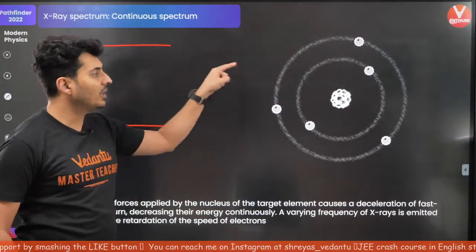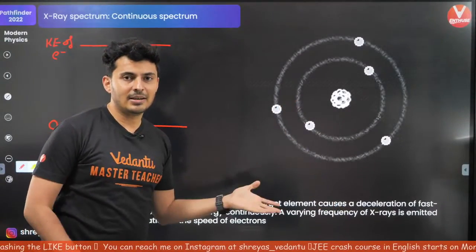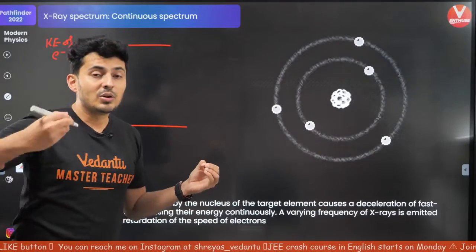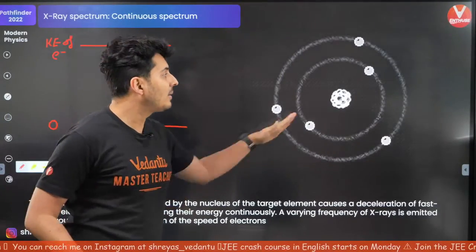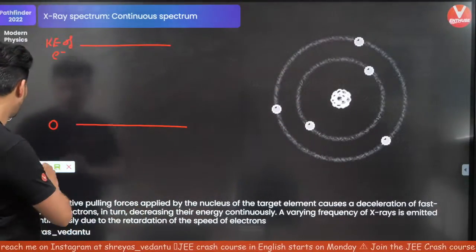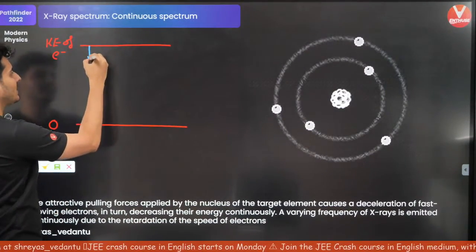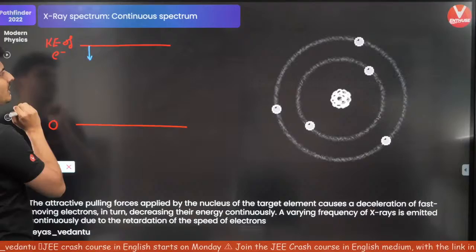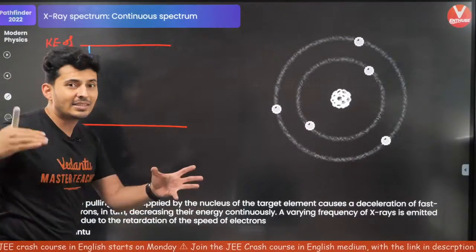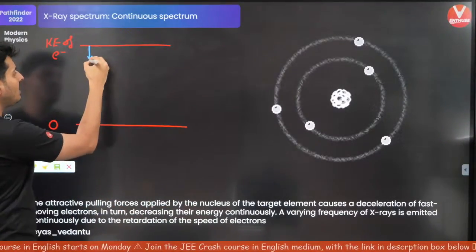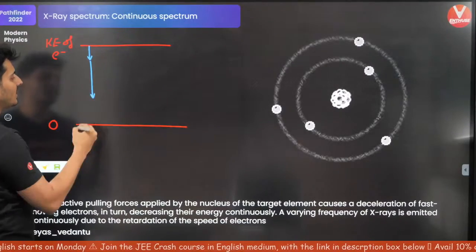Once the electron gets deflected because of the charges, there is a loss of energy by the emission of radiation. So maybe it loses this much energy. Maybe after passing through some other atom, it loses this much energy.